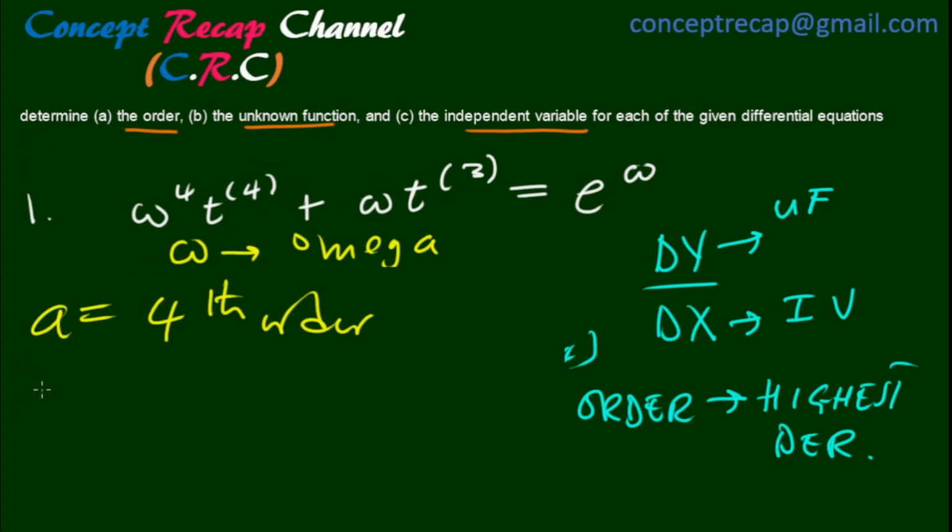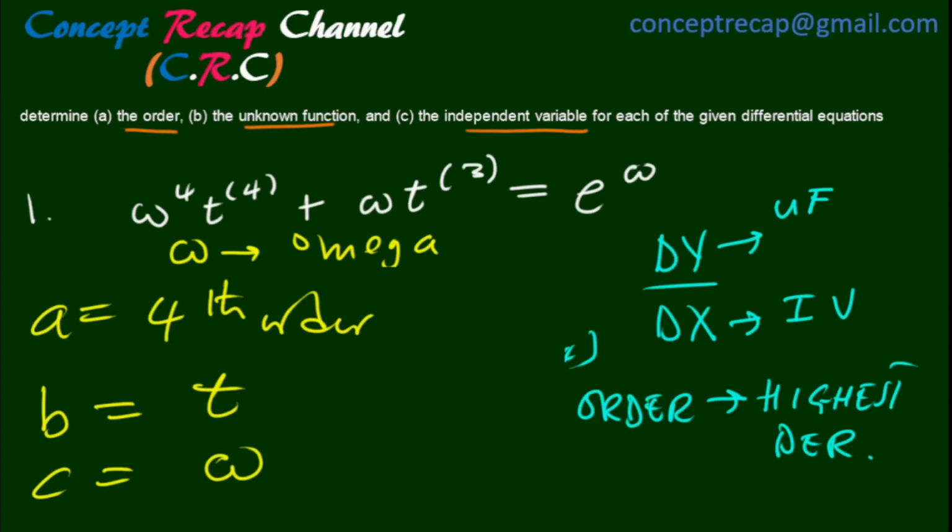So you need to know those. And the second part, the unknown function, is what? It is your t. Similarly, the independent variable is the other variable you have in the equation. So it's omega.